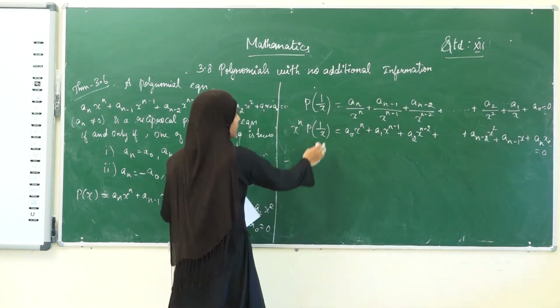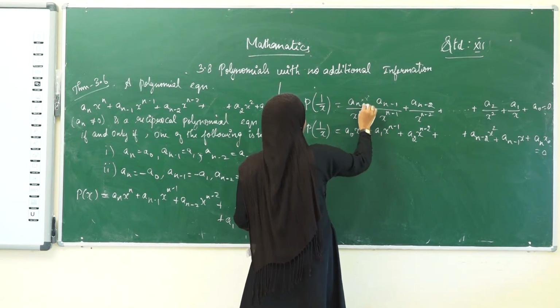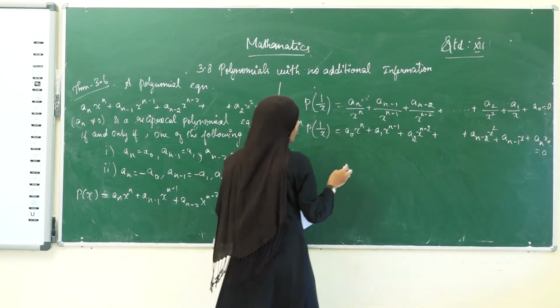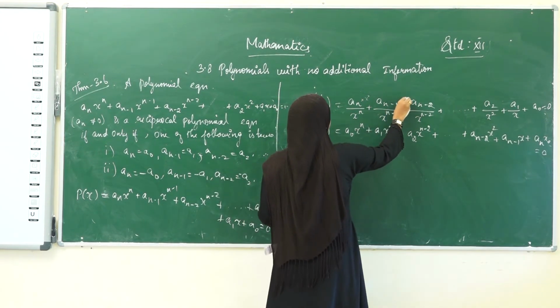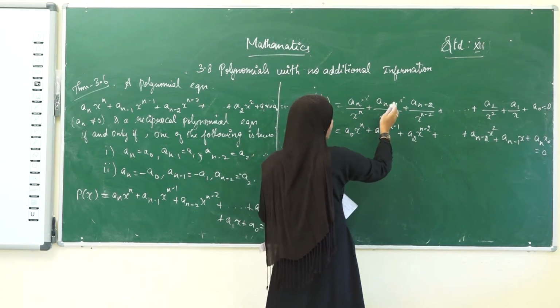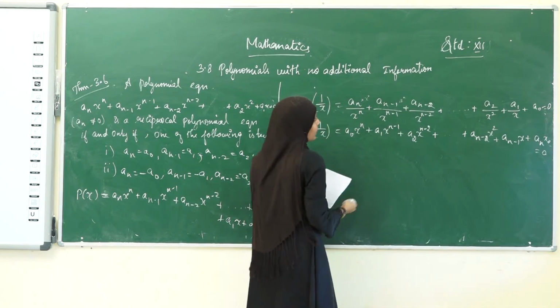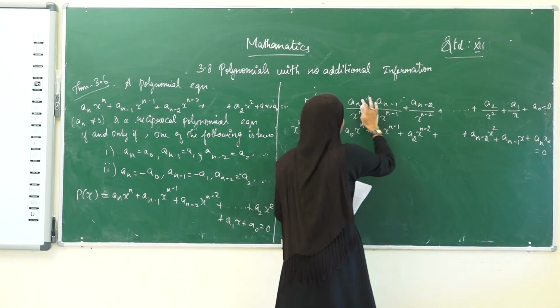Right, and we are multiplying this with x power n. See, when we multiply this with x power n, this term and this term can cancel. Therefore, we will get a naught x naught. Okay, and then when we are multiplying this with x power n, in the a n minus 1 term we will get only the x term. Like this, we have to multiply the whole terms with x power n.